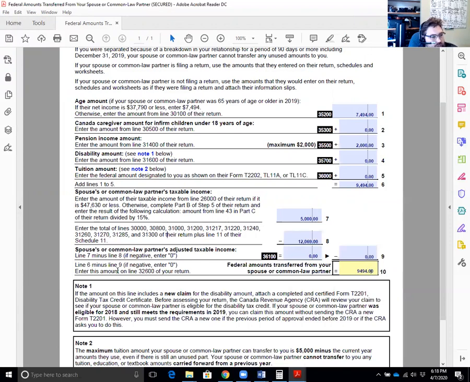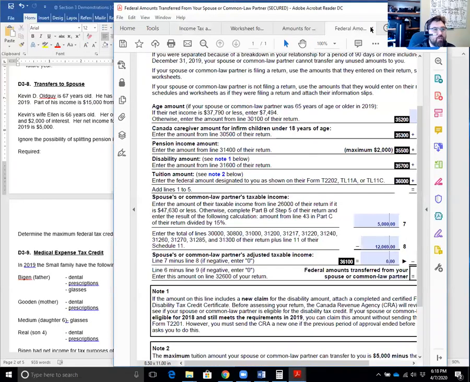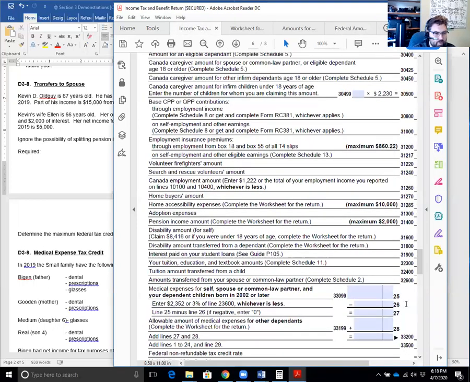It says line 6 minus line 9. If negative, enter 0. Enter this amount on line 32600 of our tax return. So this is 9,494. All right. I'm going to put this back here. There we go. Amounts transferred from your spouse.